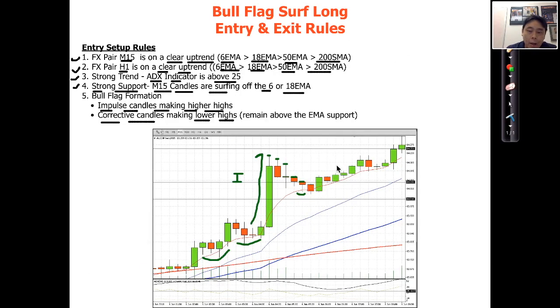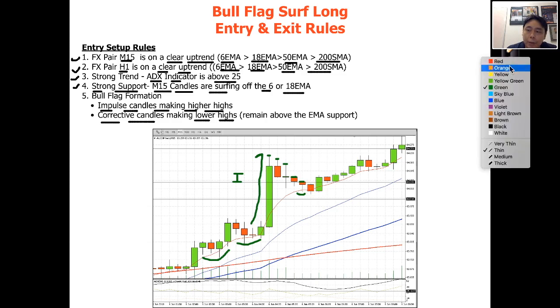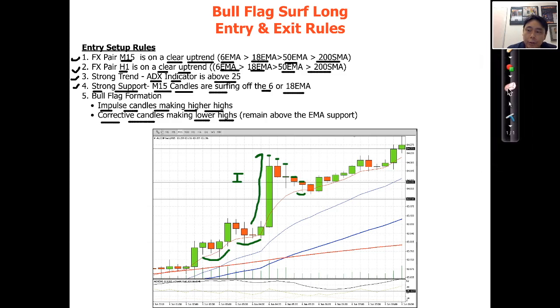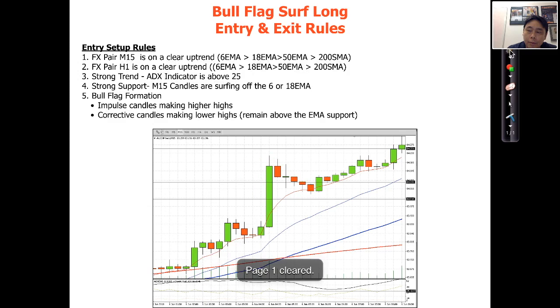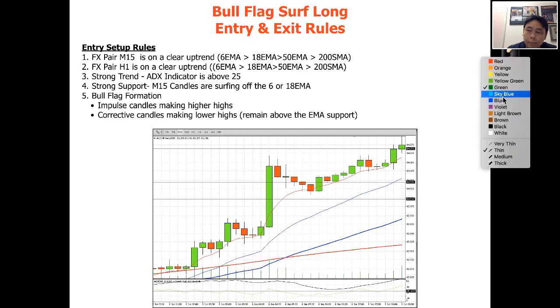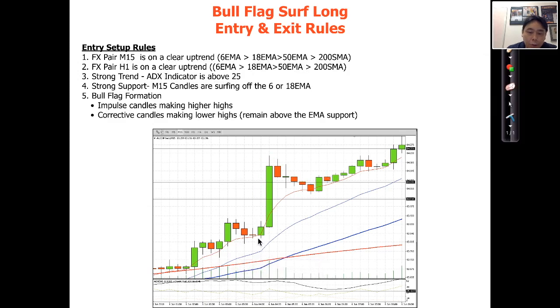Okay. The other thing that I must mention, let me just clear this away. Now, ideally, like I said, this is a flagpole. Imagine this as a flagpole, and imagine this is 100%.